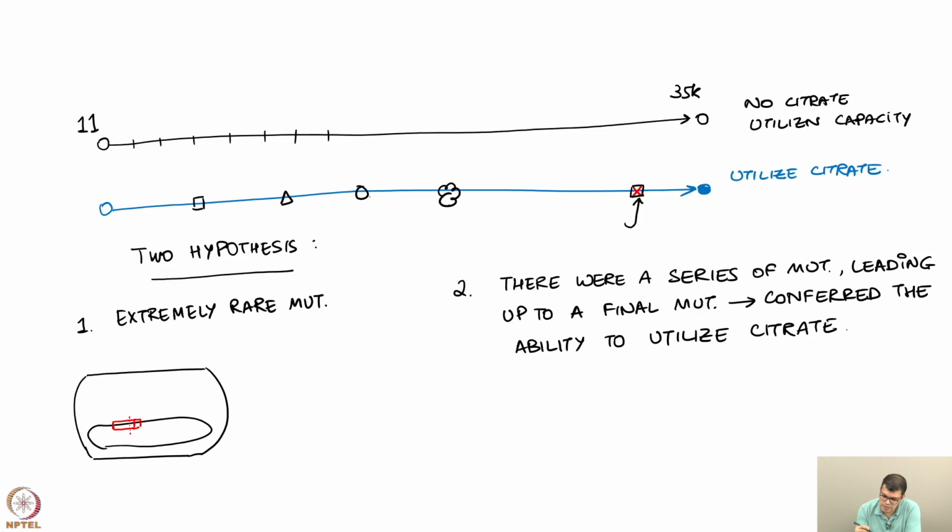So, the strategy that was used was that for each one of these 12 lines, we go back a few thousand generations, let us say to 28,000. At 28,000 generations, I will revive this population in each one of these 11 lines and check for ability to grow on citrate.